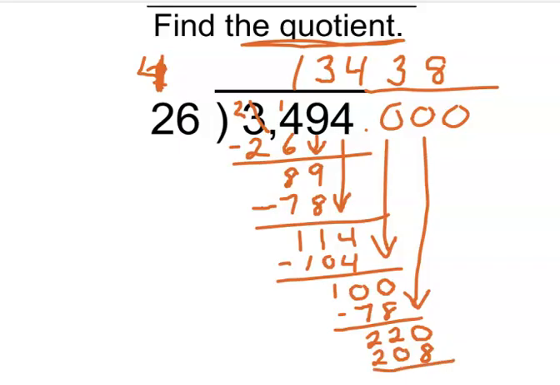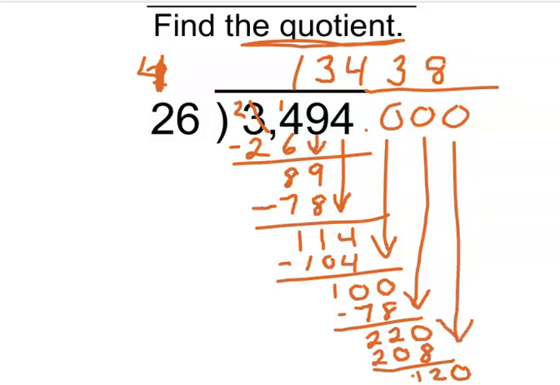All right, so then we have 220 minus 208, and that's going to give us 12. Well, that should be a 1 there. I'm going to run out of space. And then we'll bring down the 0.